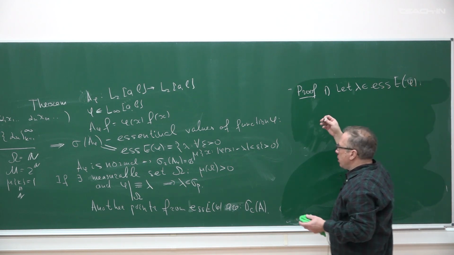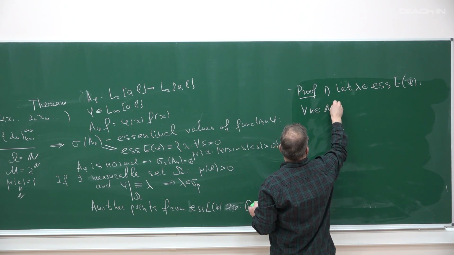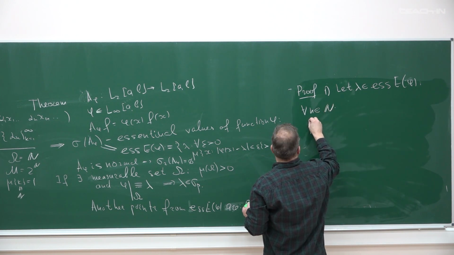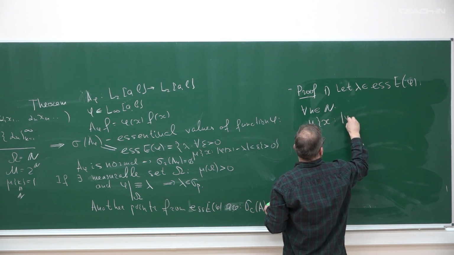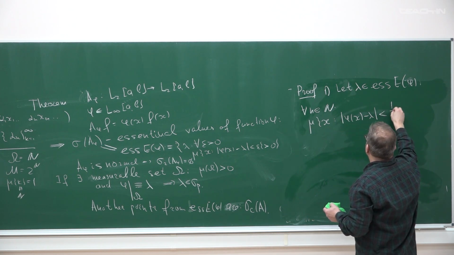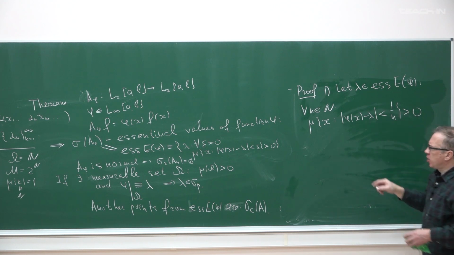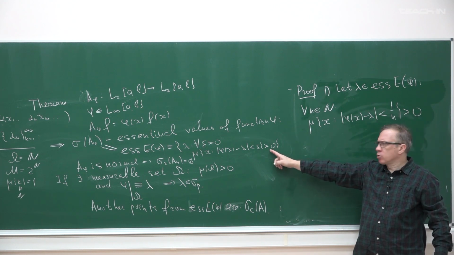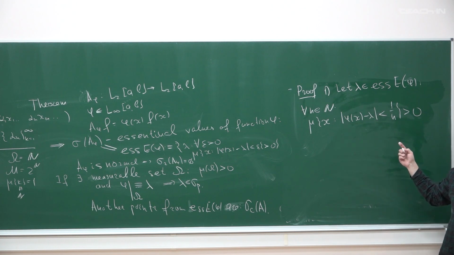That by definition means that for any natural n, the measure of such points x for which we have this inequality is positive. I change the continuous parameter epsilon to the discrete parameter 1 over n for convenience. It's just the same.